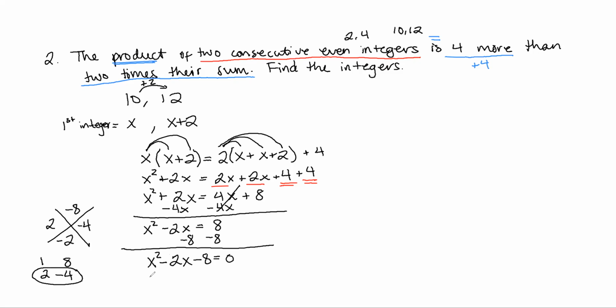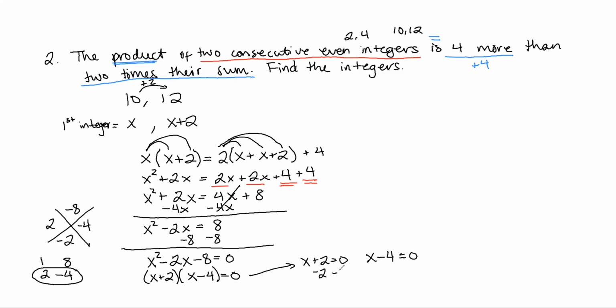So we're going to factor this into x plus 2 and x minus 4 equals 0. If we split these up, I'll do this over to the side here. We get x plus 2 equals 0 and x minus 4 equals 0.